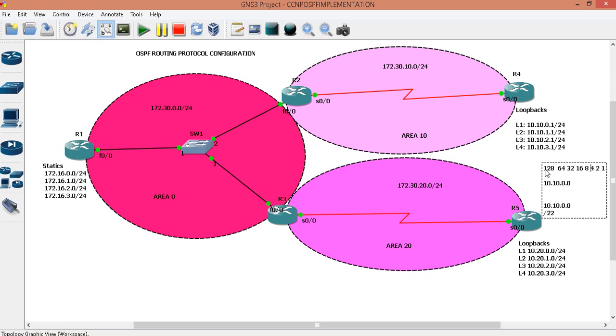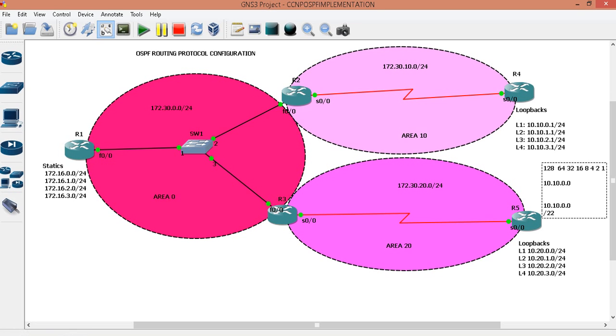How many bits? 1, 2, 3, 4, 5, 6 bits to get to the fourth network. So I will need 6 bits in the third octet, added to the 2 octets here, to get our subnet mask. So it's 8 bits, 8 bits, 16 plus 6 is 22.